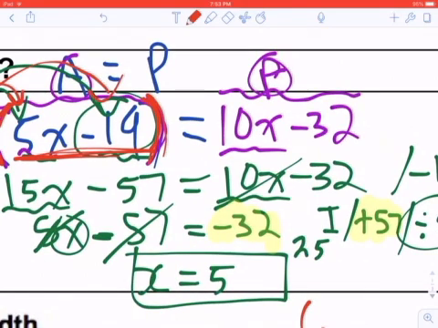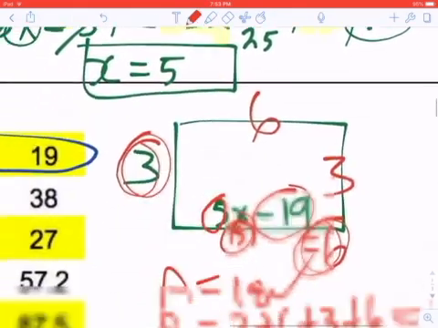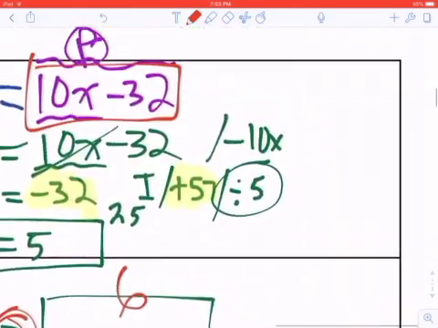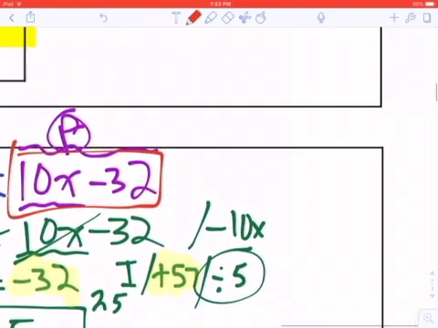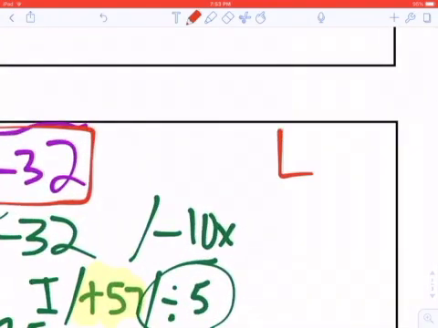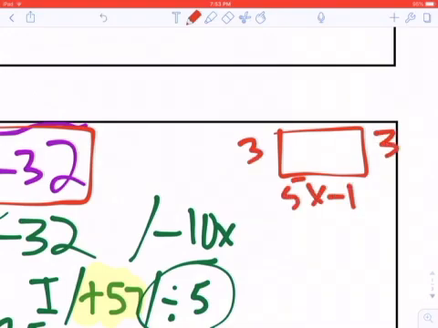And then I've got the perimeter. There's the equation for the perimeter. Remember how we did that? We added everything up as we went around, right? So, because it was 3, 3, 5x minus 19 there, 5x minus 19 there.